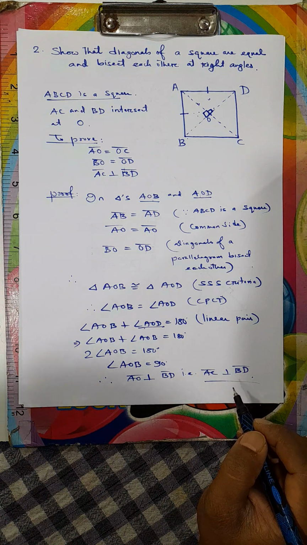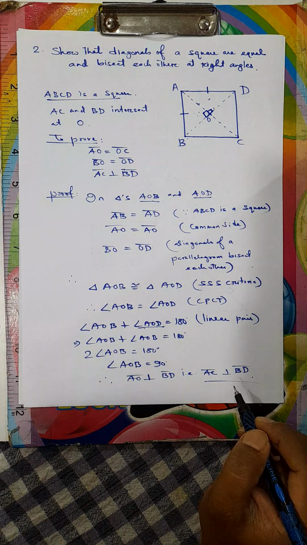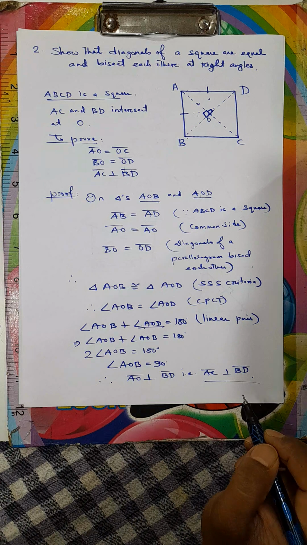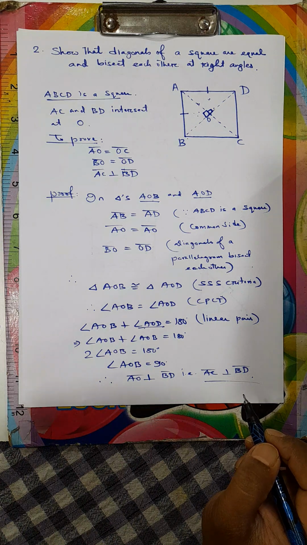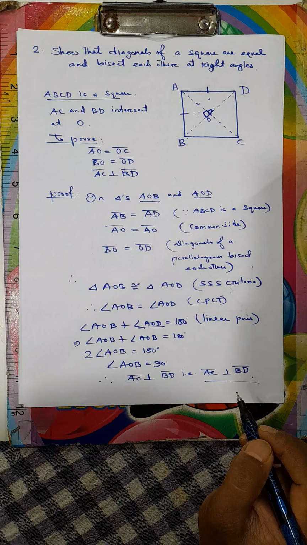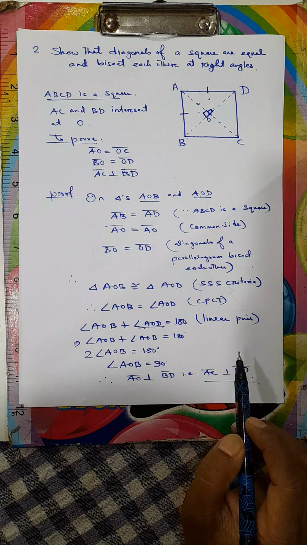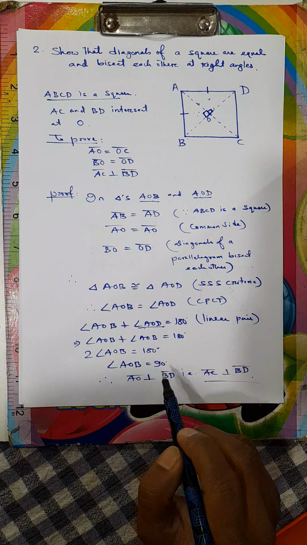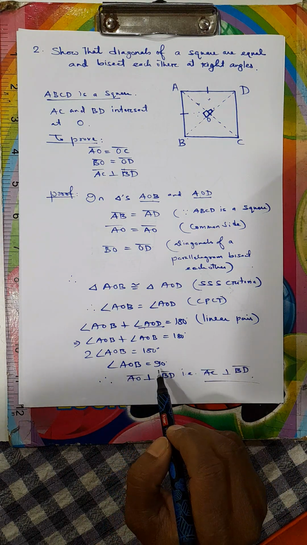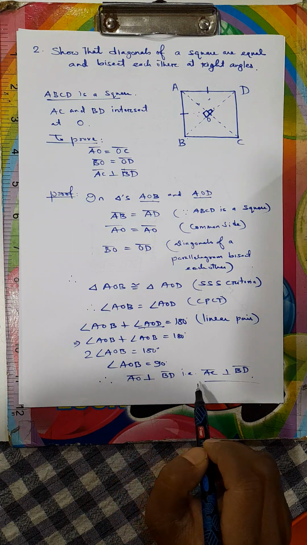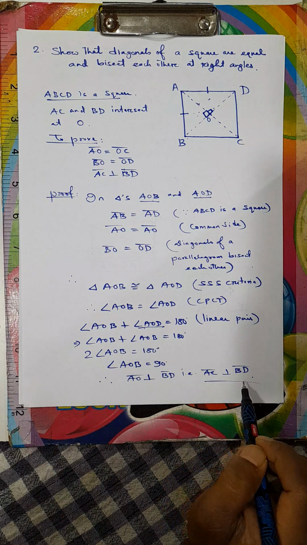Diagonals bisect each other in this case. Obviously, it's a parallelogram. A square is a parallelogram, so diagonals must bisect each other. Only one thing we have to prove here is they bisect each other at right angles. That means the angle between them is 90 degrees. We find that angle AOB is 90 degrees. That means AO perpendicular to BD, that is AC perpendicular to BD.